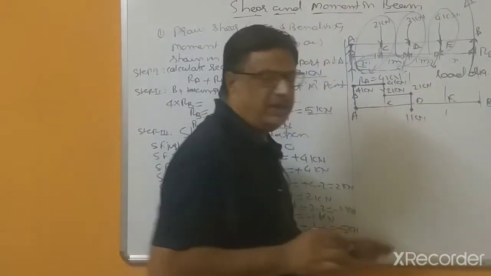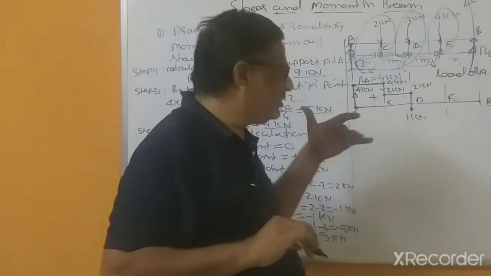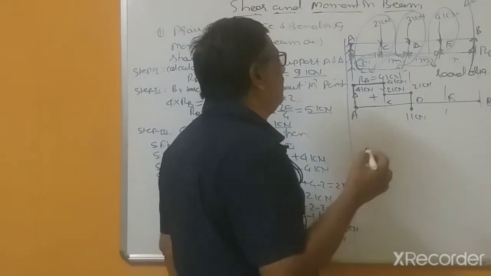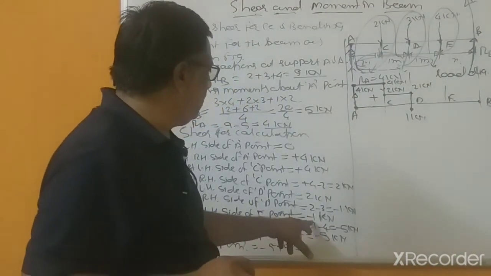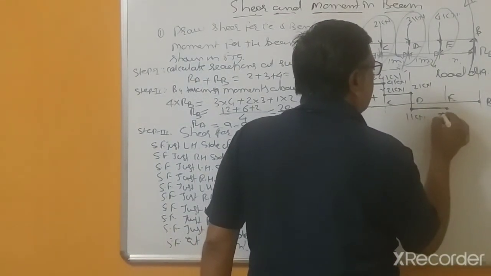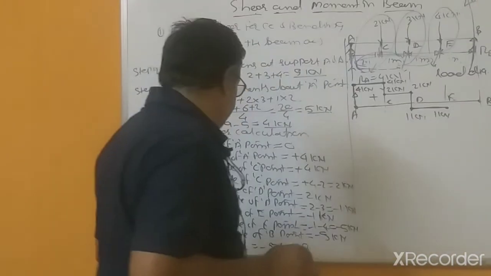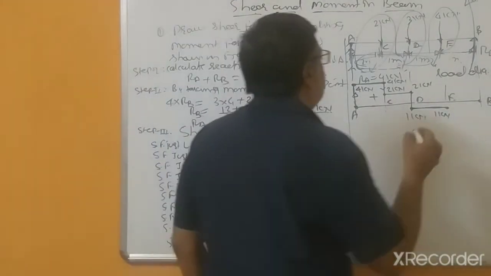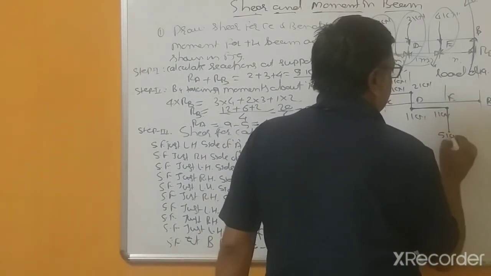Here don't write minus, because in these diagrams the positive sign indicates the magnitude, and the direction is indicated by the sign. Now in between D to E, up to just left hand side above the E point, minus 1, just here, right? Now at E point again minus 5 kilonewton, so this is projected to 5 kilonewton.